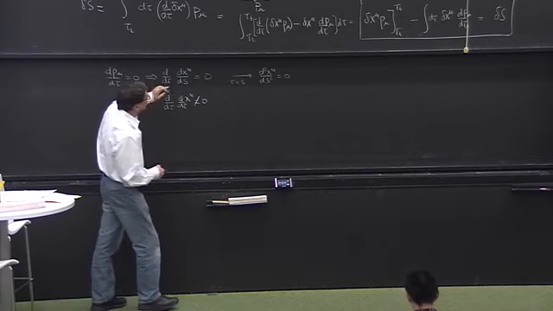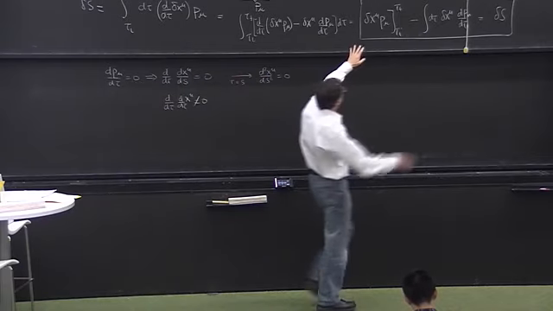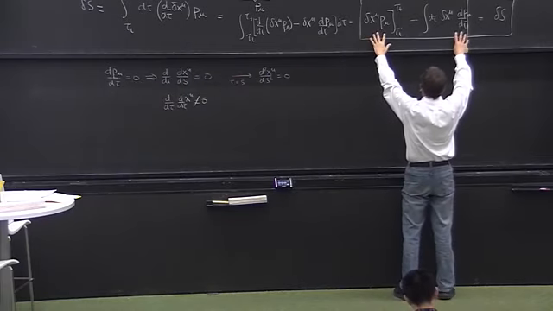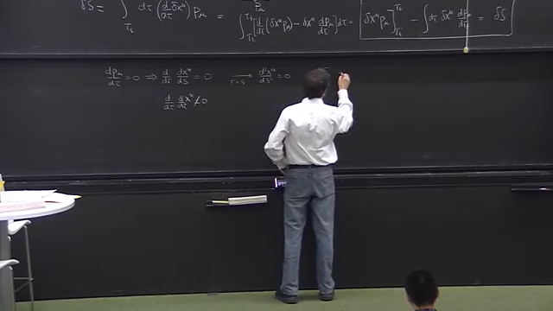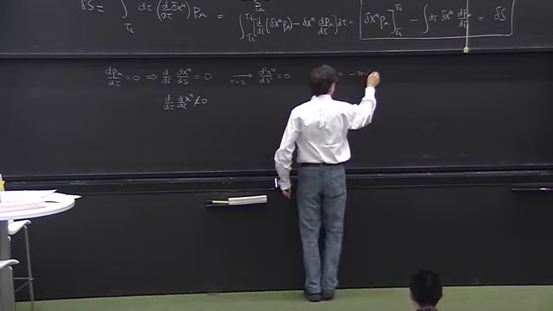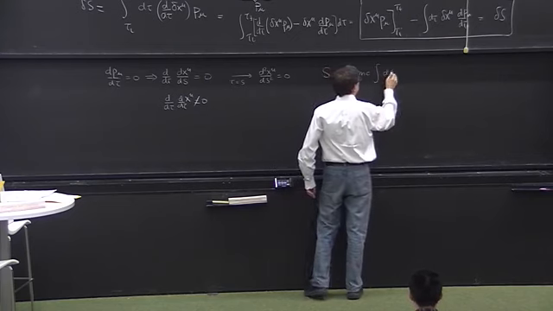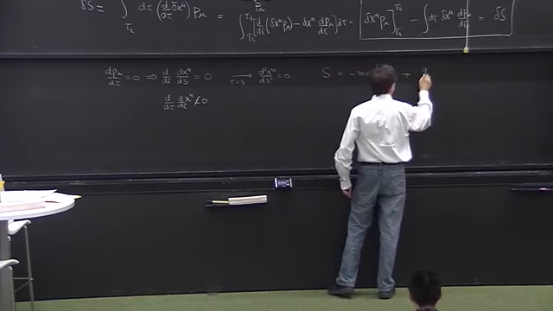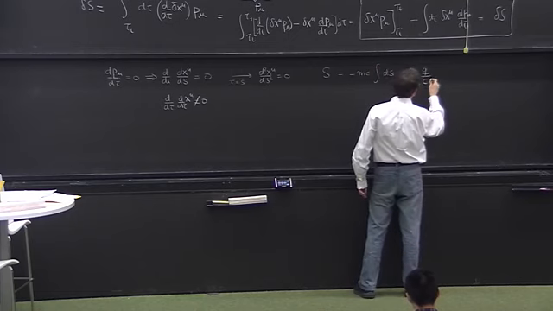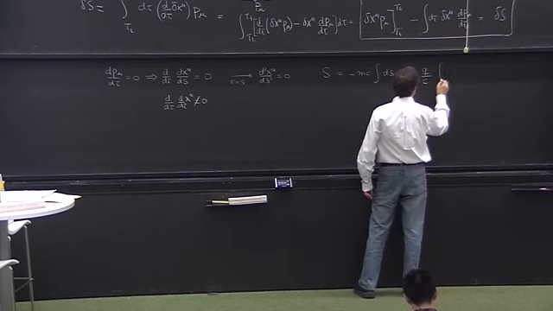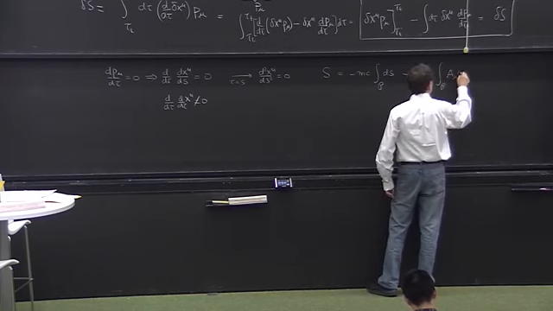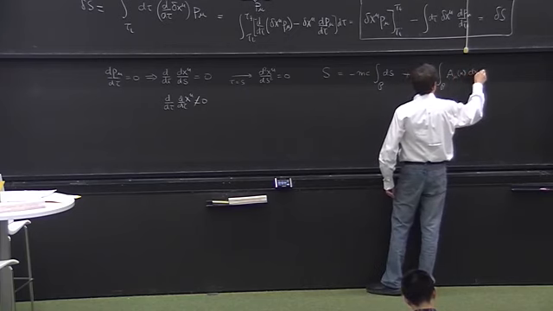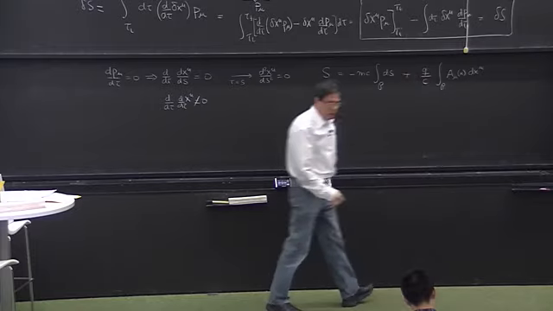So it's an interesting thing. The reason this formula is very useful is that, as I mentioned last time, if you have a particle coupled to an electromagnetic field, the thing that you have to add is Q over C integral over the path of the potential in this way.